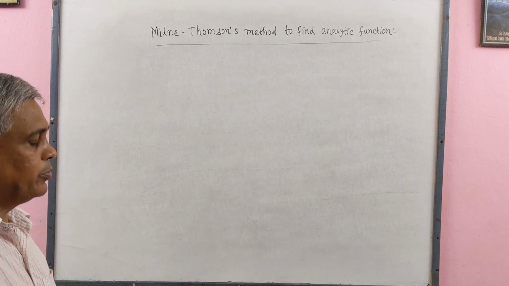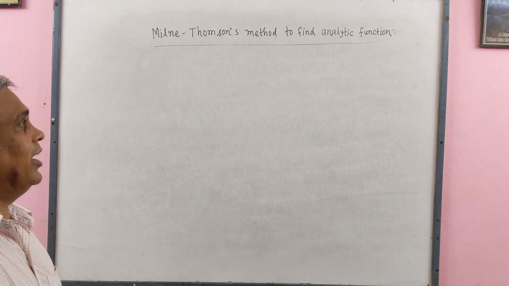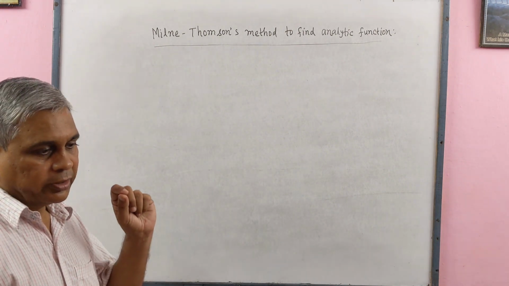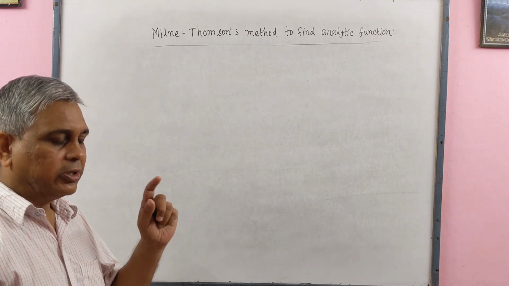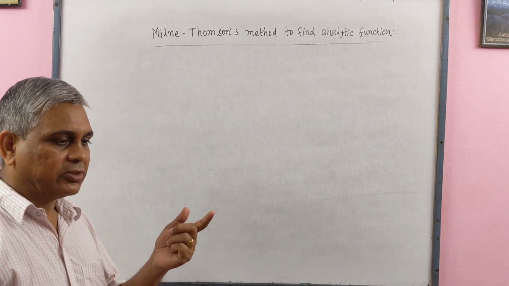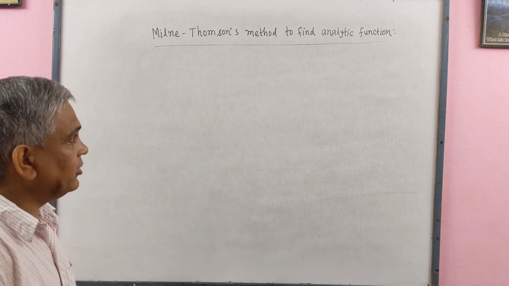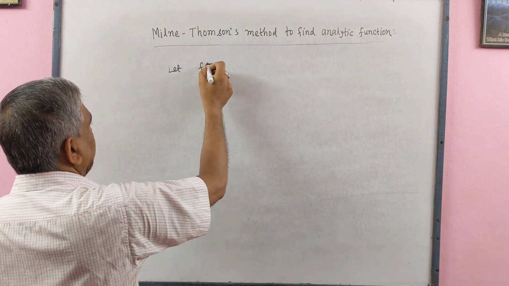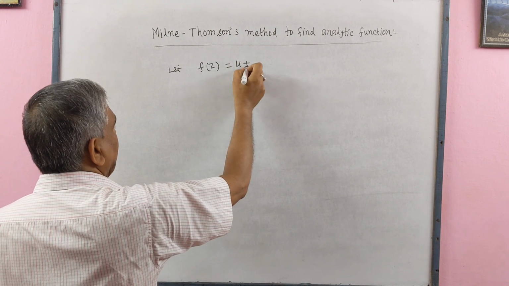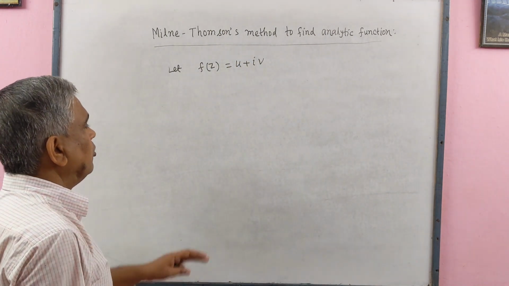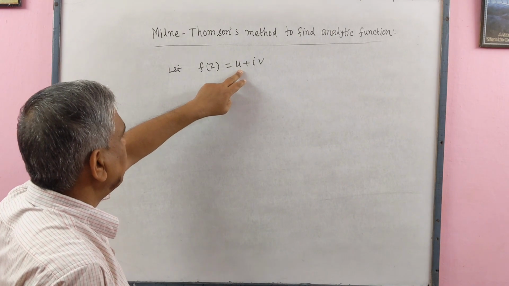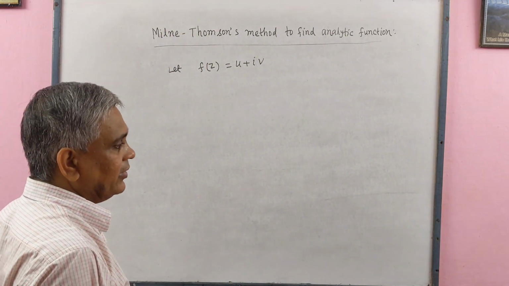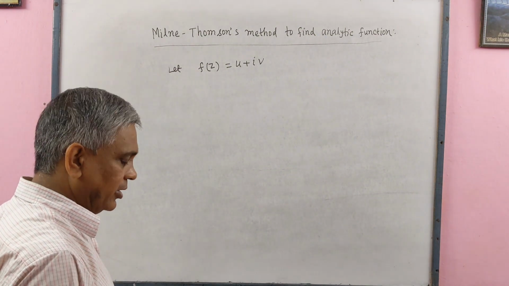Now we describe the Milne-Thompson method to find an analytic function. When we know only one part of the analytic function, u(x,y), as let f(z) equal u plus iv, only the u part is known, then with the help of the Milne-Thompson method we find the analytic function very easily.